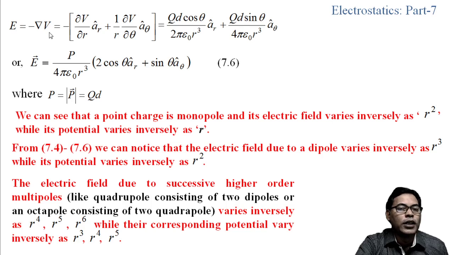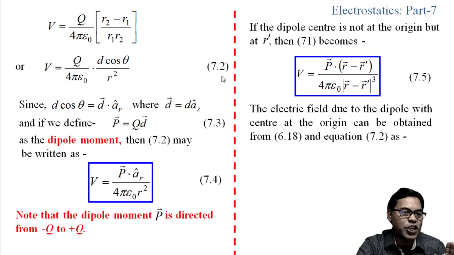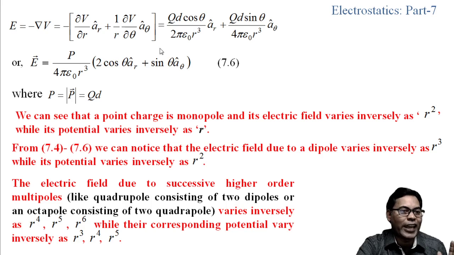The del or nabla, the vector differential operator in the spherical coordinate system, we know is equal to dou by dou r ar plus 1 by r dou by dou theta a theta plus 1 by r sin theta dou by dou phi a phi. But you see that in expression 7.2 there is no term of phi, so the phi component is not taken here.